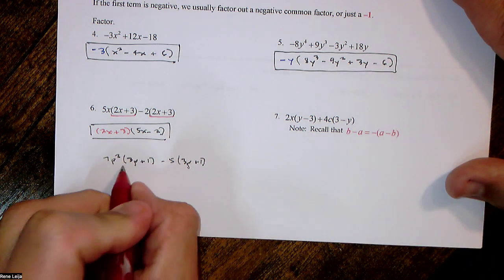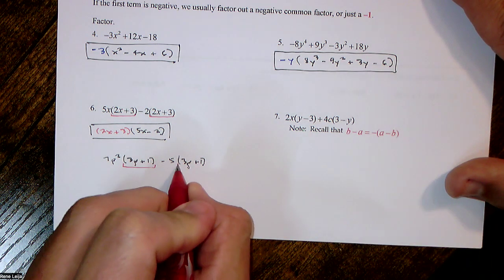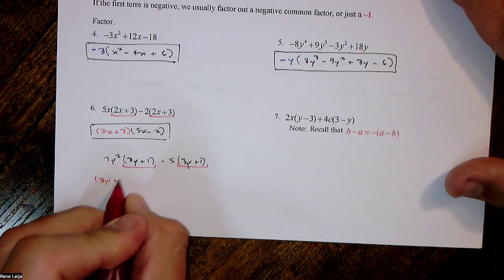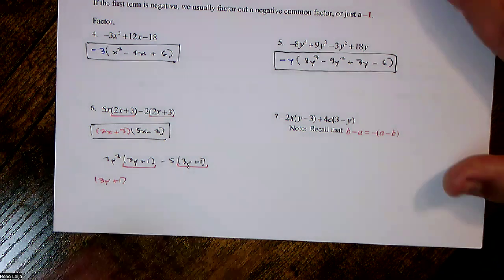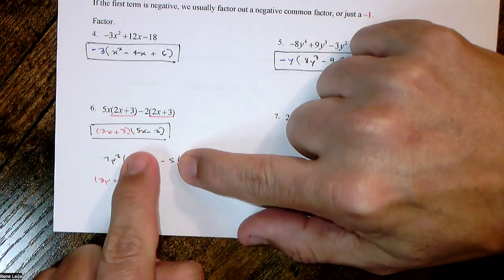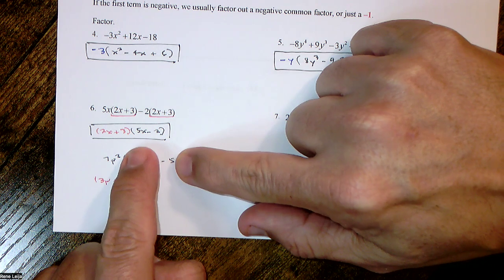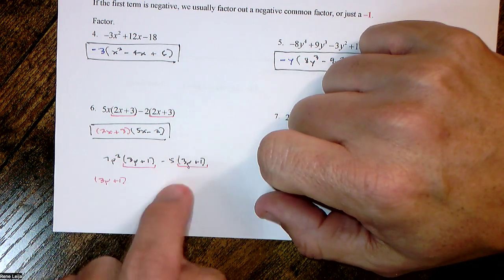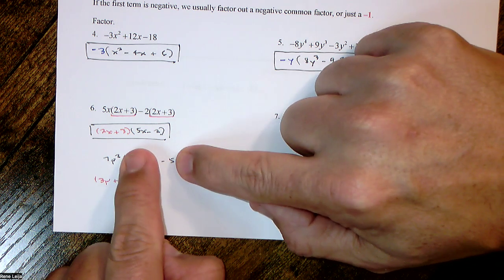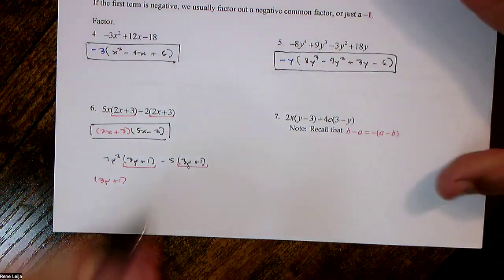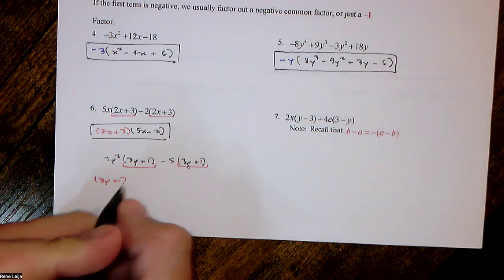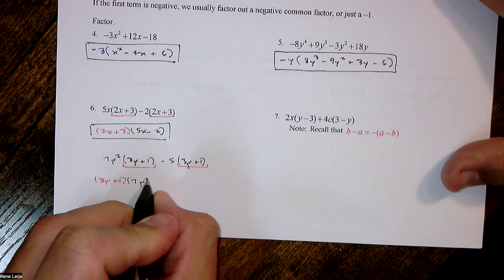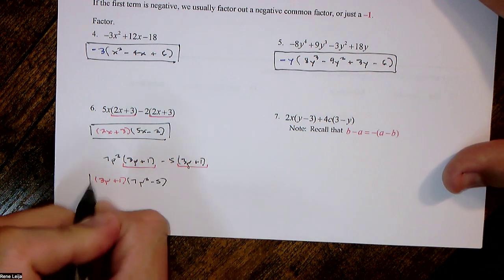And each of these terms have a 3p plus 1. So I'm going to factor that out. And when I factor that out, their coefficients, the 7p squared is a coefficient, the negative 5 is a coefficient. Notice that their coefficients is what is left over. So 3p plus 1 times 7p squared minus 5.